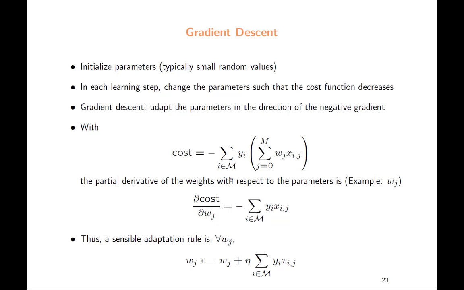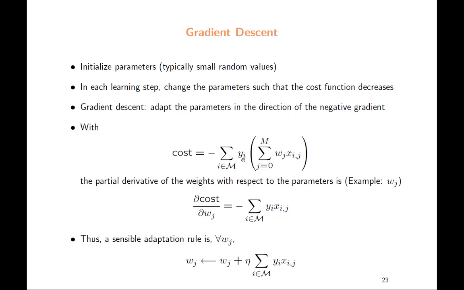So we have the negative, we have the sum over all misclassified examples. And if you look at this product here, if you take the derivative with respect to w, the w drops out of the equation, and you're left with xij times yi.